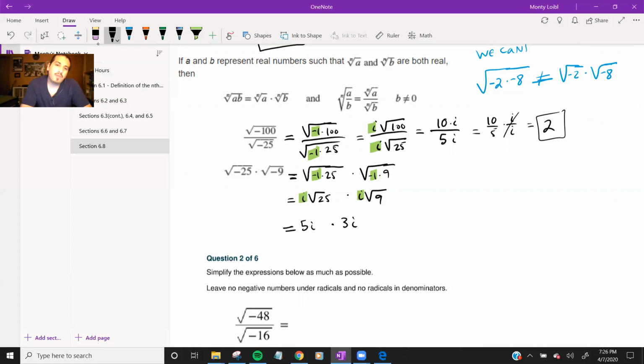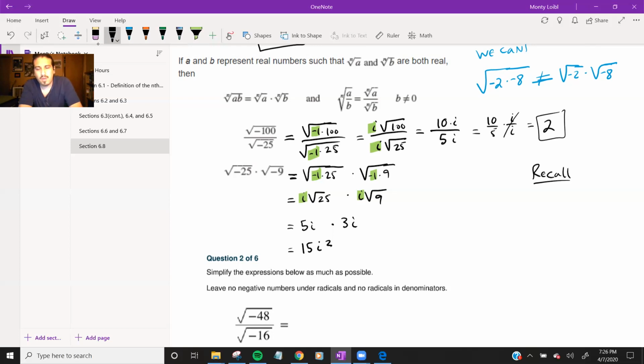Now we've got 5i times 3i. Just like if this was an x, we would have 15i squared, i times i. But remember what i squared is.